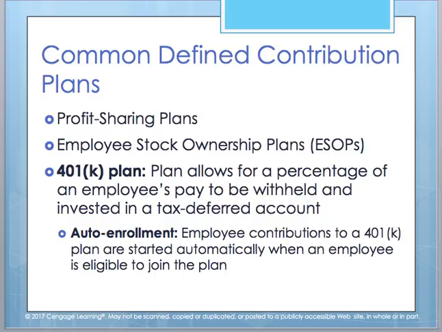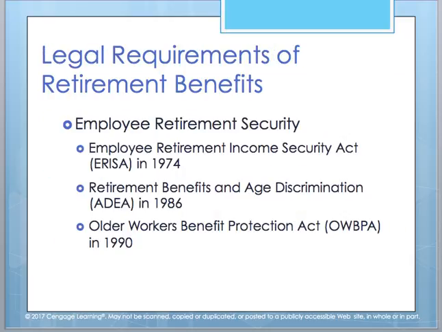Auto enrollment is where your contributions to the plan are started automatically when you're eligible to join. There are some legal requirements that are tied to retirement benefits, such as the Employee Retirement Income Security Act of 1974, which is ERISA.